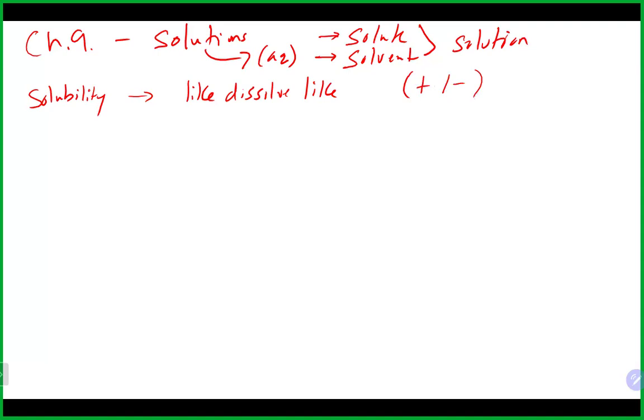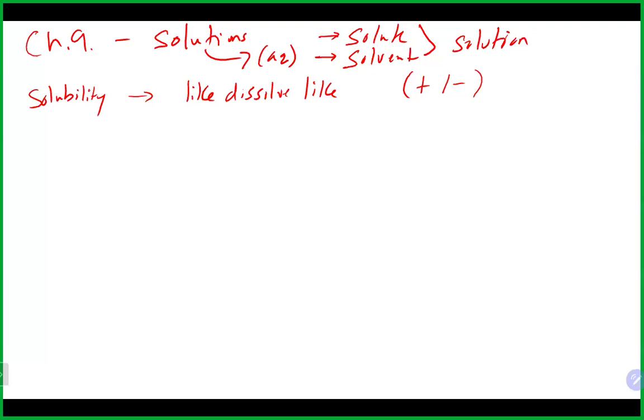That is basically the positive side of one molecule is attracted to the negative side of the other. And those are basically what intermolecular forces all are. Some are stronger than others: hydrogen bonding is the strongest, dipole is pretty strong, and dispersion forces are the weakest of them all.